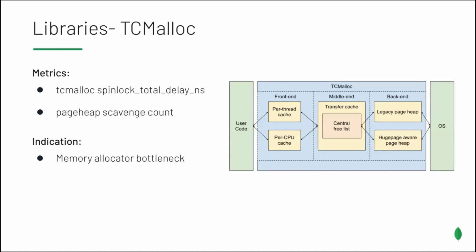We have noticed the replication lag on the secondary node started to build up when a high number of TCMalloc spinlock total delay ns started to show up on the primary. This metric is the cumulative time spent by threads waiting on a TCMalloc spinlock to service a memory allocation or deallocation. High values indicate a memory allocator bottleneck.